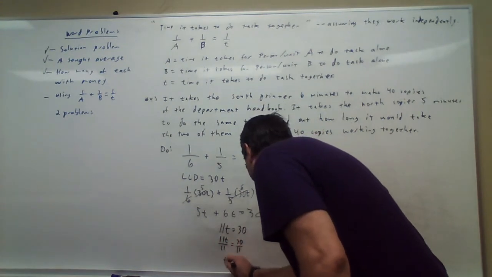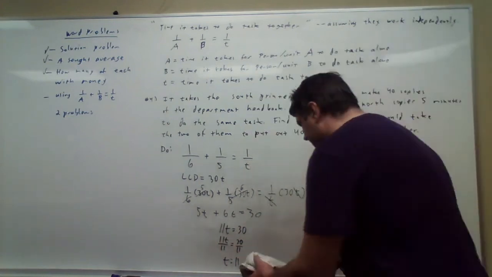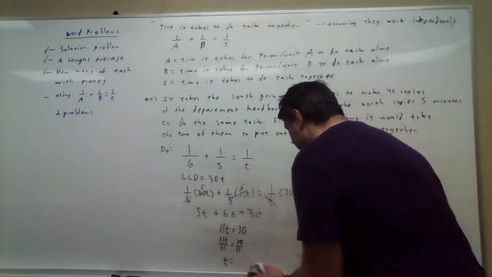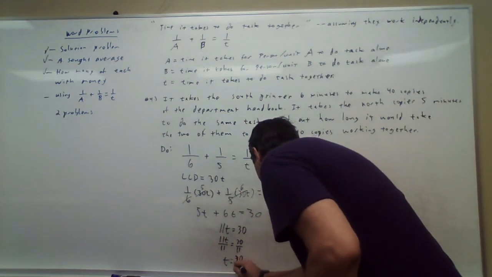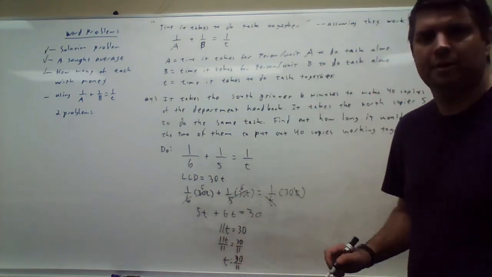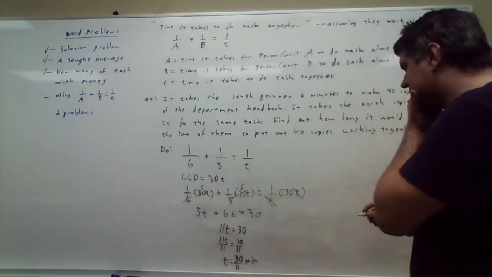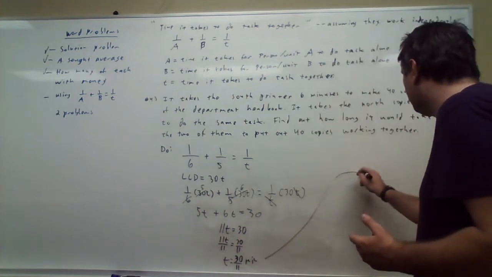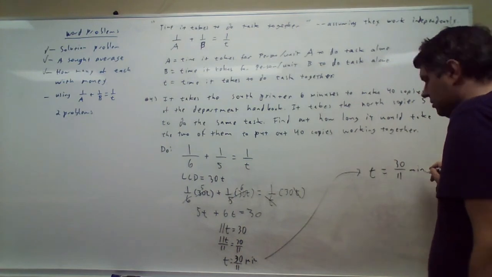And T is, I'm sorry, T is 30 elevenths minutes. So let's convert that into something practical. T equals 30/11 minutes.